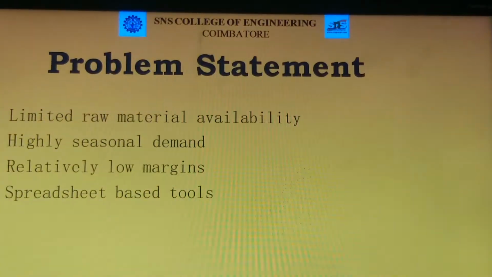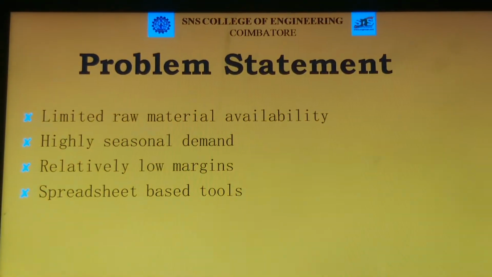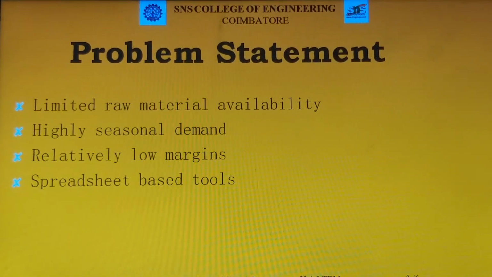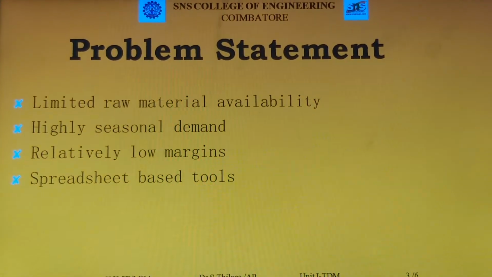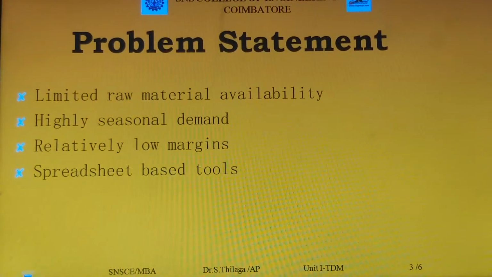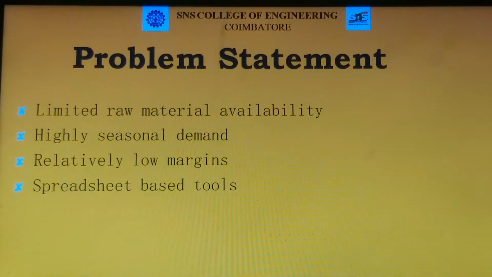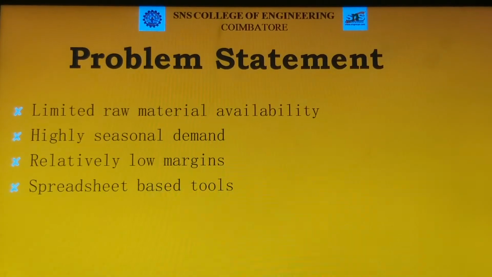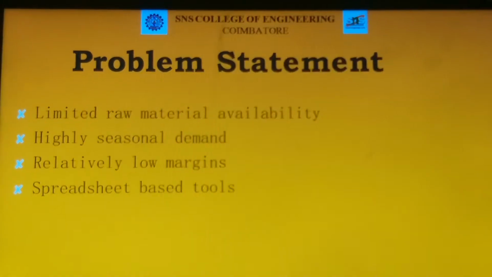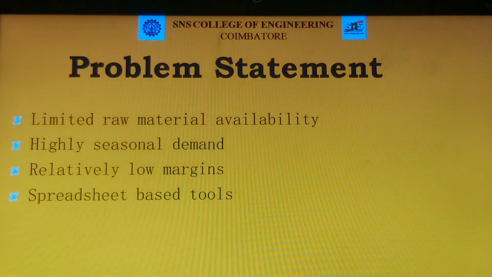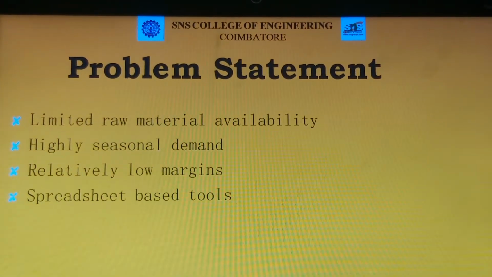Now let's start understanding the problem statements being faced by Sunsweet Growers: limited raw material availability, high seasonal demand for the products, and relatively low margins. And the biggest problem analyzed is the spreadsheet-based tools.